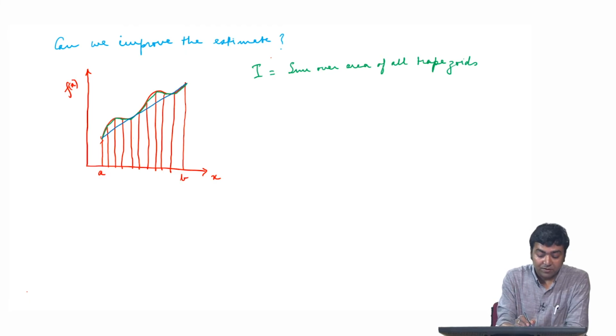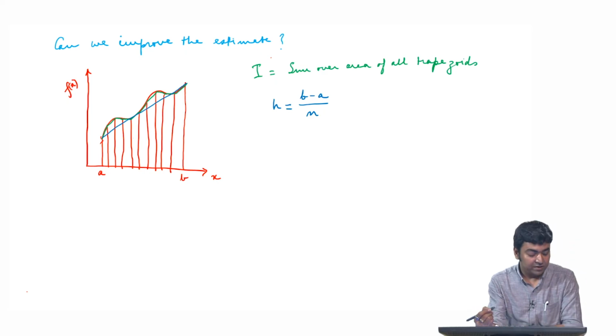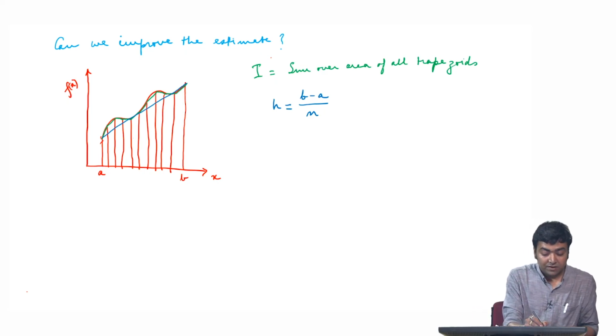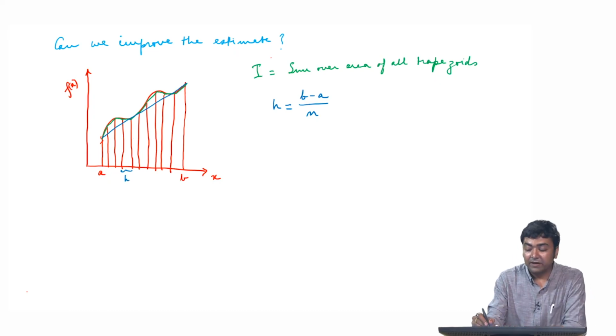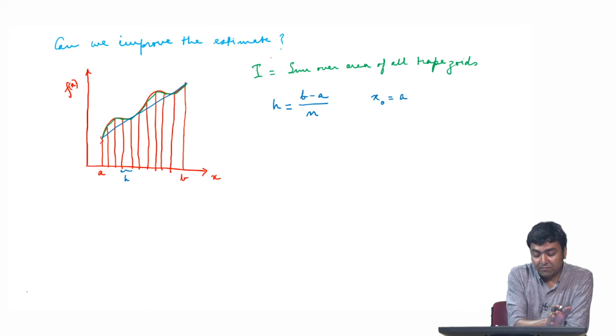Suppose between the segment B and A, we divide it into n equal segments and we call that width h. So, each of these is my width h here, and let us suppose my x 0 is a. So, what I am doing here? I am basically discretizing this segment into n segments or n minus 1 points.